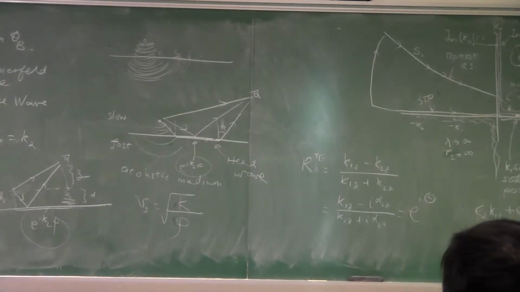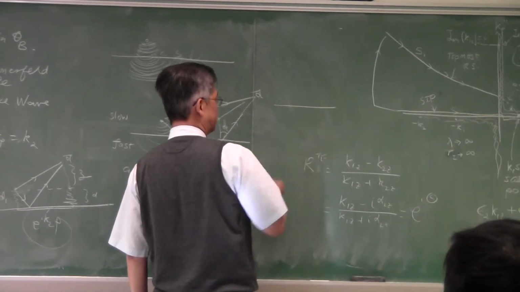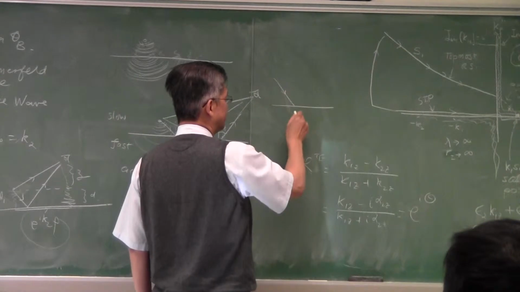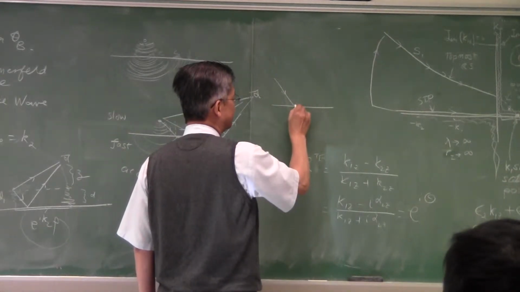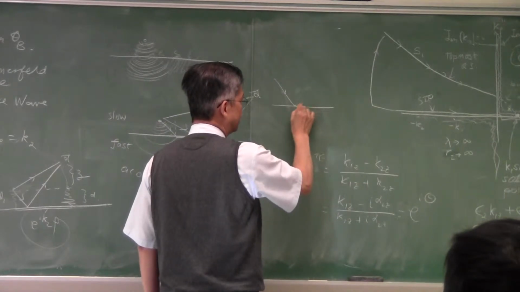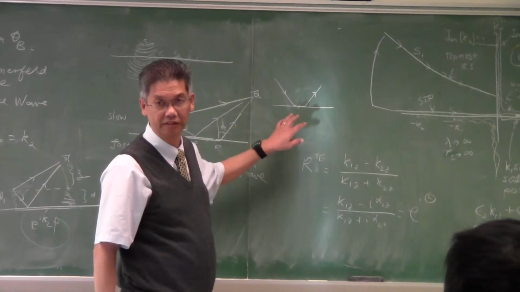So you can do optical experiments. If you shine light at an interface and if there's a total internal reflection, you find that the light beam does not get reflected immediately, but it gets delayed before it comes back. And this shift is called the Goos-Hänchen shift.